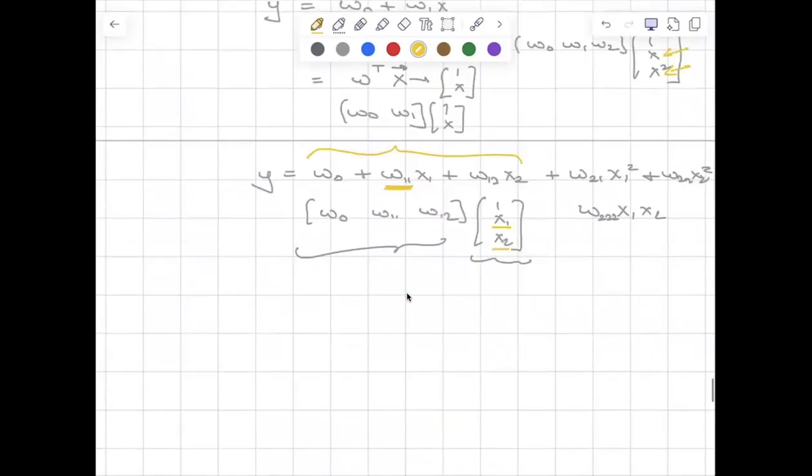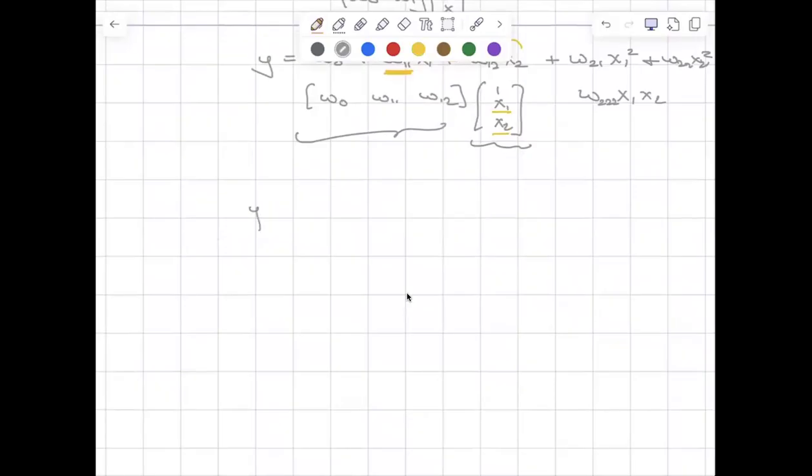So for example, I could have y equal to 1 plus 10x1 plus 2x2. It is a scalar in the sense that it's multiplying x1, but these coefficients are telling us that if x1 changes by 1, y changes by 10, whereas if x2 changes by 1, y changes only by 2.